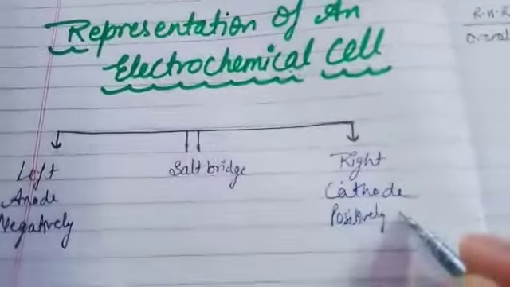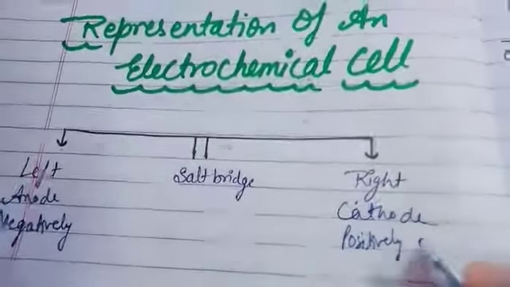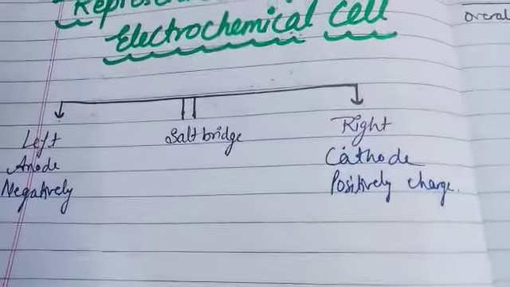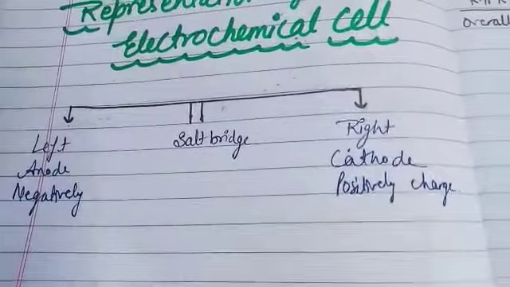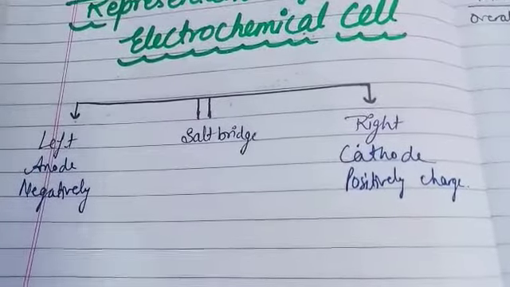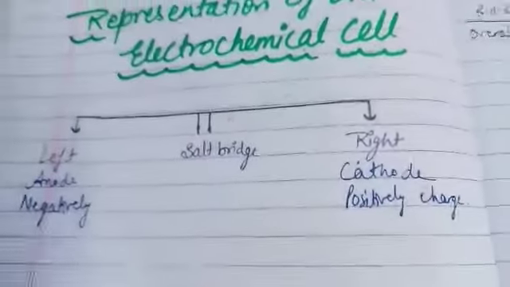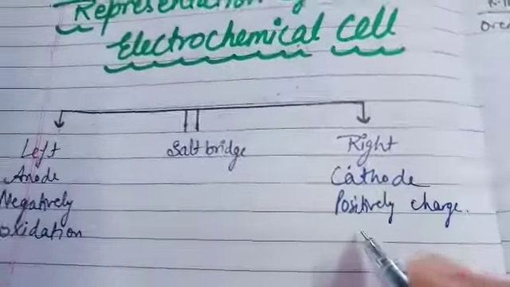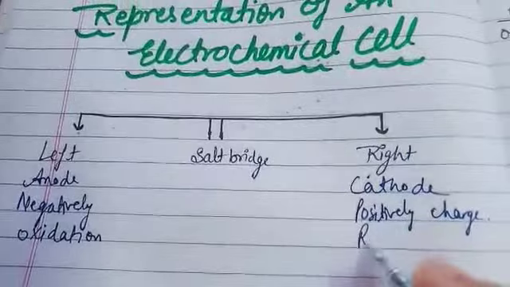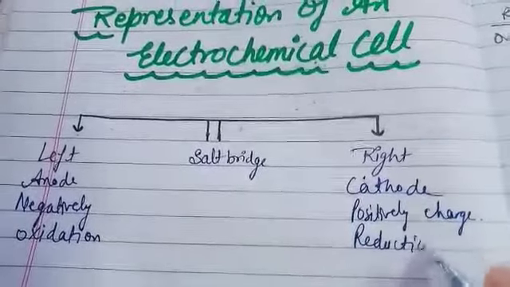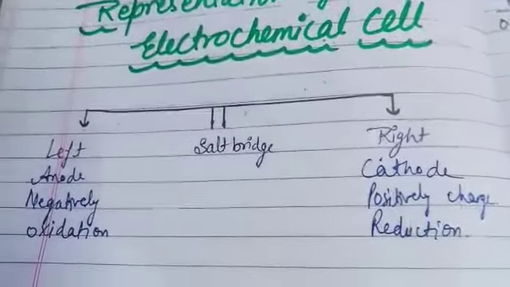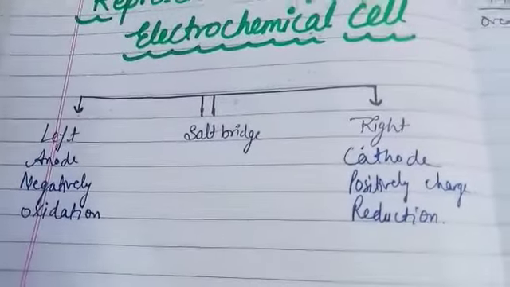Now in which does oxidation occur and in which reduction, because it's a complete redox reaction? O comes first, oxidation, R comes later. So at the anode oxidation occurs, meaning loss of electrons, and on the cathode side reduction occurs. This is the simple point to remember: which side is anode, cathode, positive, negative, and where oxidation and reduction occur.